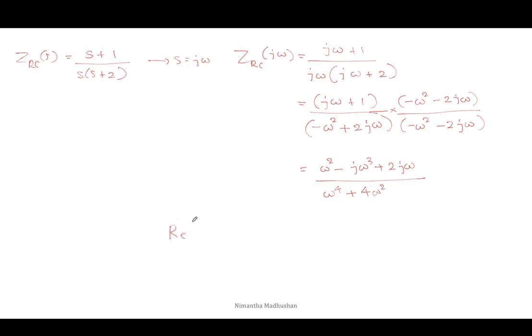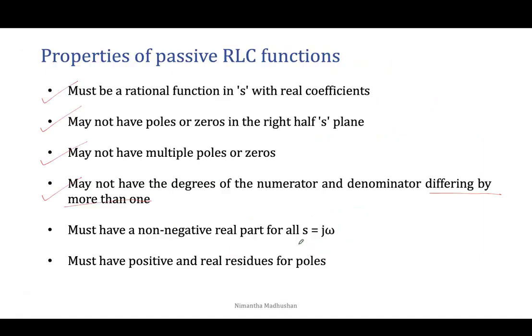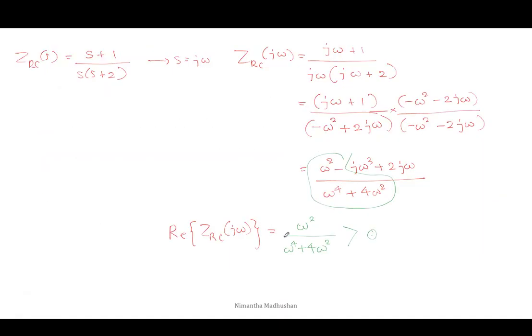When I consider the real part of Z_RC(j omega), the real part is omega squared over omega to the power 4 plus 4 omega square. It is positive, and this is non-negative. Then this condition is also satisfied.